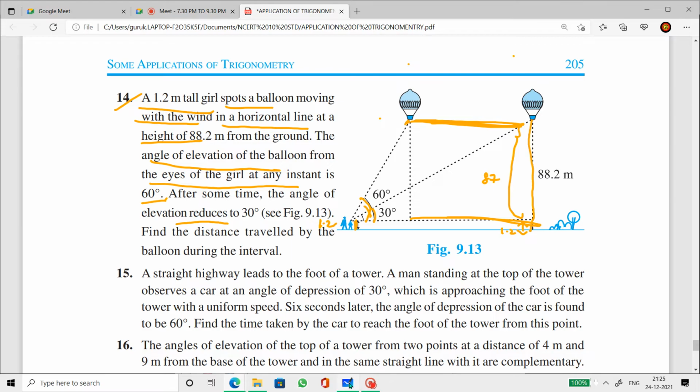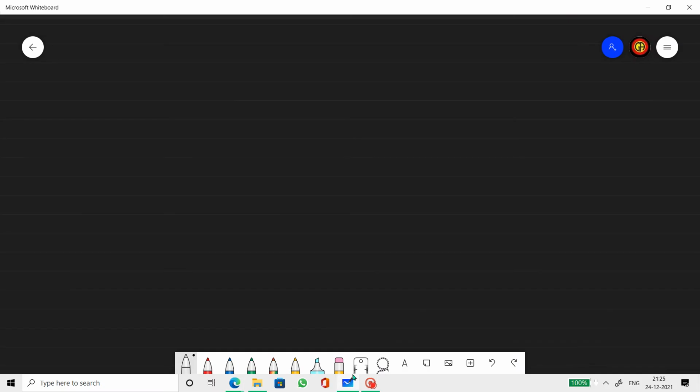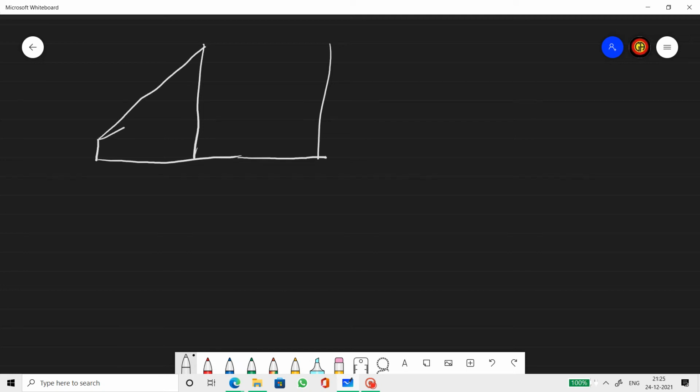Okay, so let's take the diagram. There is a girl who is 1.2 meter tall, and a balloon which is at two different points and in line. Line of sight of the girl is this.